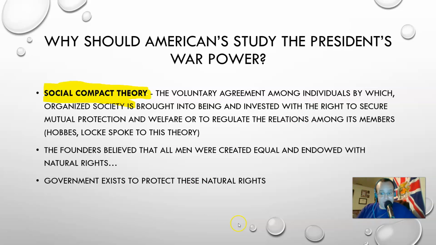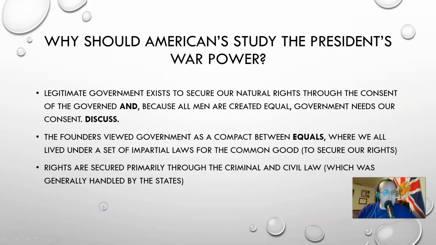That is just a fact. So they thought that a legitimate government exists to secure natural rights through the consent of the governed, because all men are created equal. Government needs our consent.